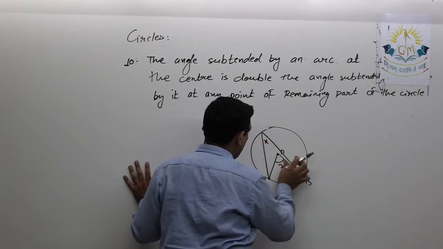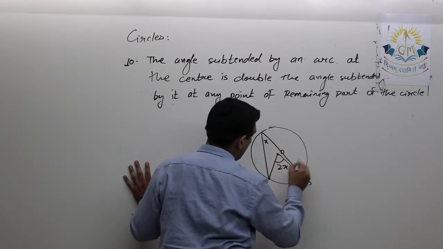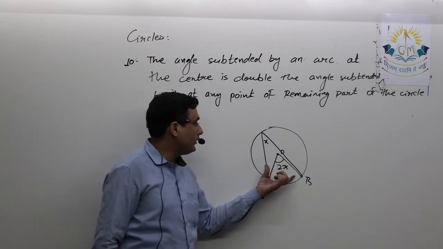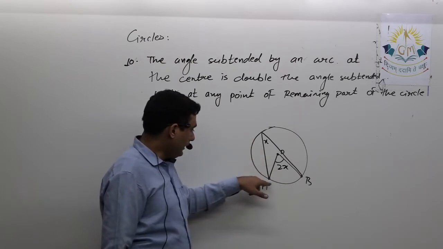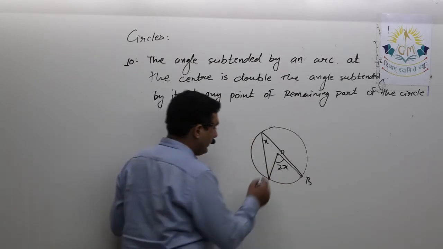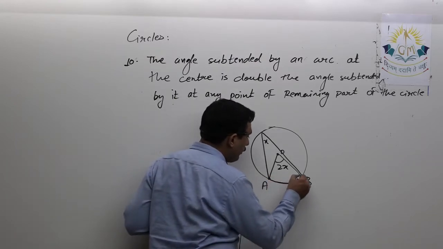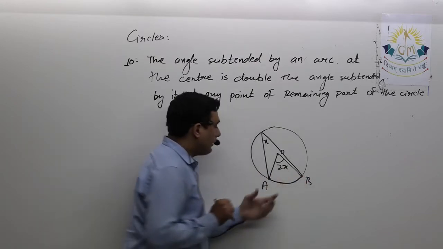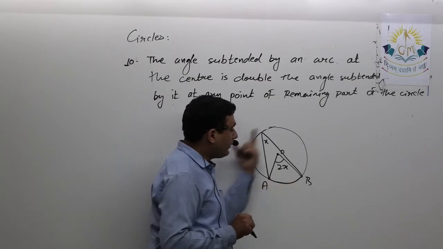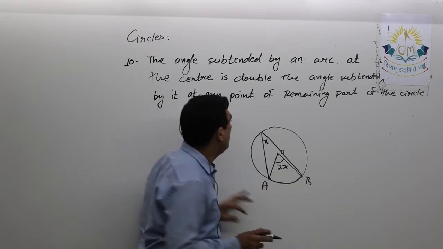So this is x, so this will be 2x. Why the remaining part? Not on the arc AB itself, because arc AB can also subtend an angle at AB, so it is on the remaining part other than that arc.